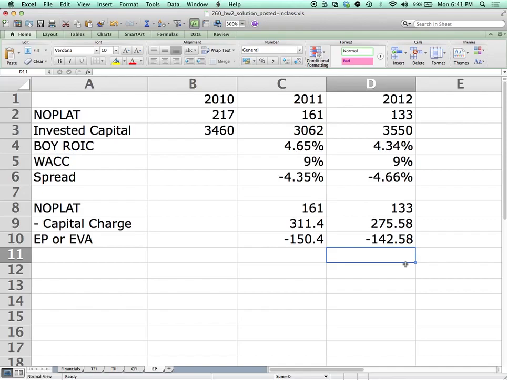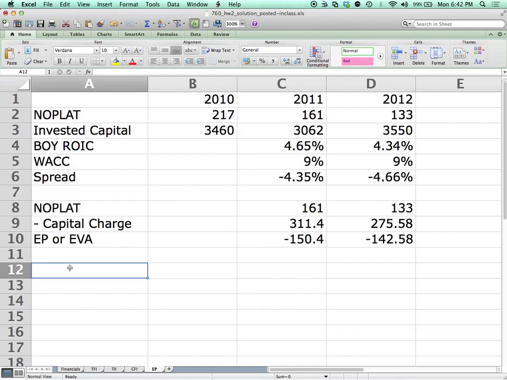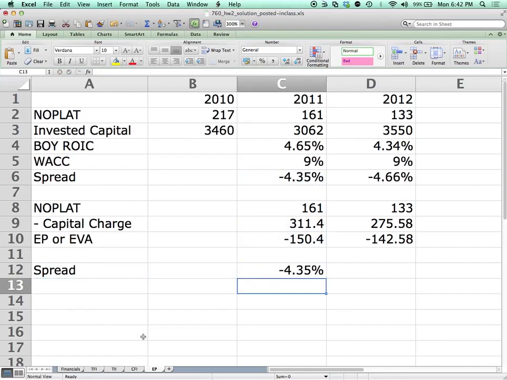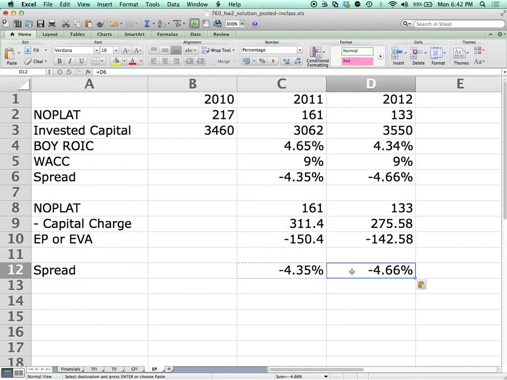Right? Nice thing about all these statements, there's two ways to calculate economic value added. One is I take NOPLAT minus capital charge. Right? So again, capital charge is defined here. Second way is I take the spread method. I take my spread, which is that number. ROIC minus WACC equals spread.